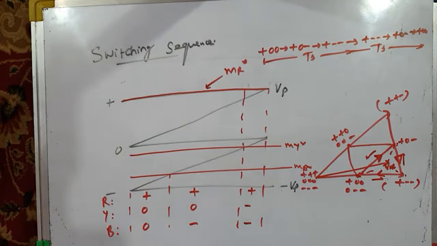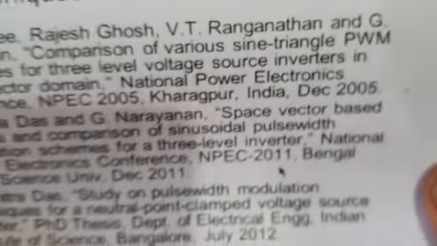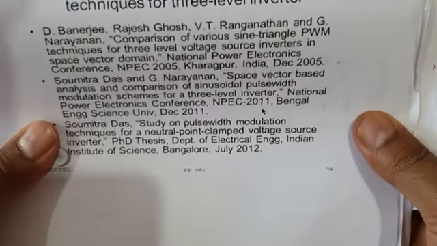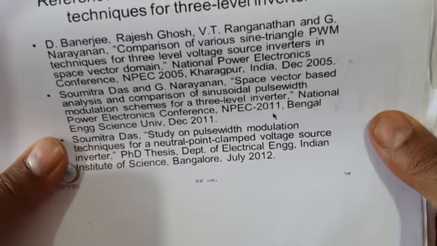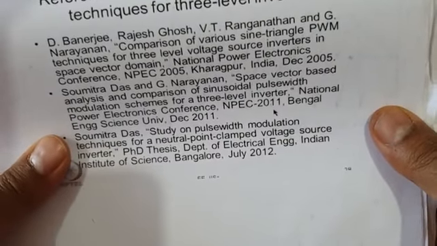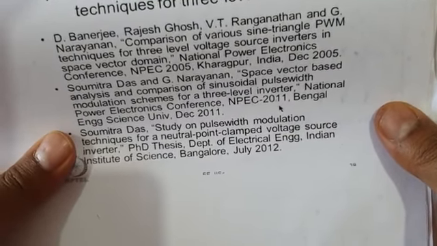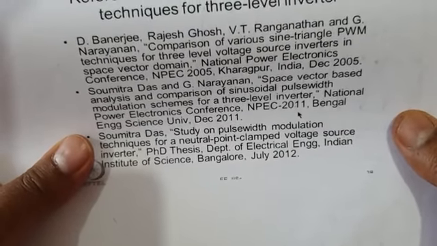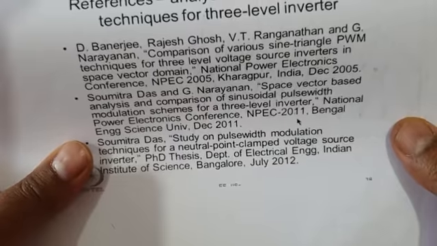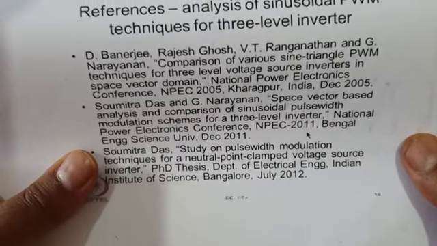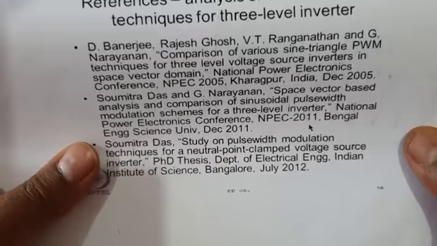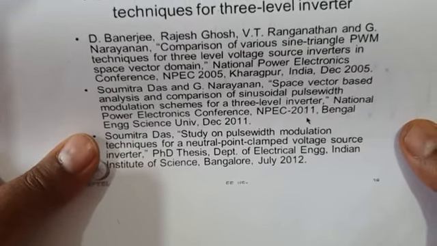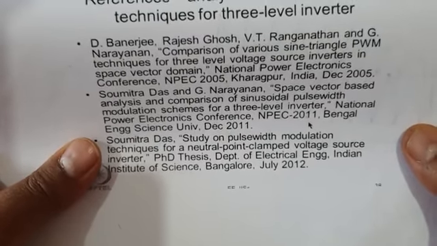There are some very important references. I will display them on your screen, so you can go through them. The first reference is by D. Banerjee, Rajesh Ghosh, V.T. Ranganathan and G. Narayanan, comparison of various sine triangle PWM techniques for 3-level voltage source inverters in space vector diagram. This was published in the National Power Electronics Conference, NPEC, at IIT Kharagpur in December 2005.